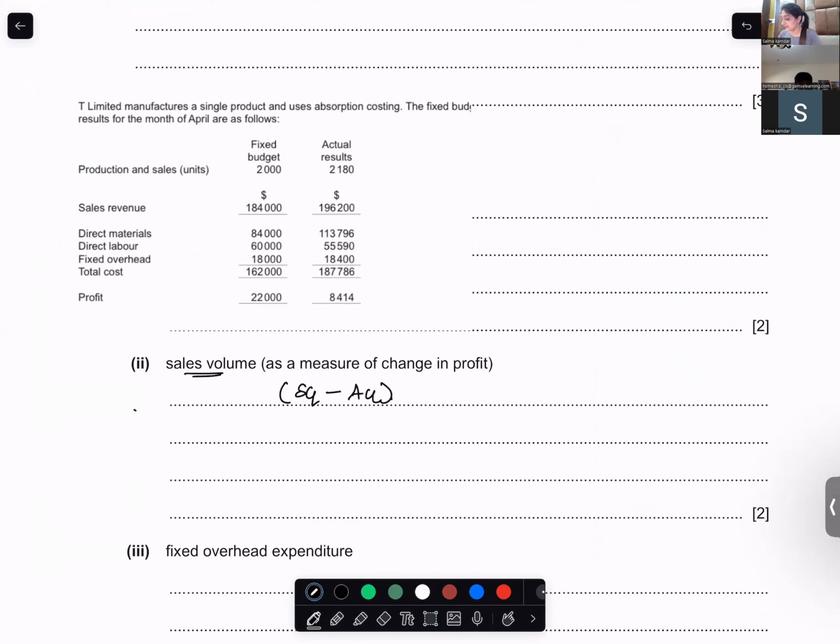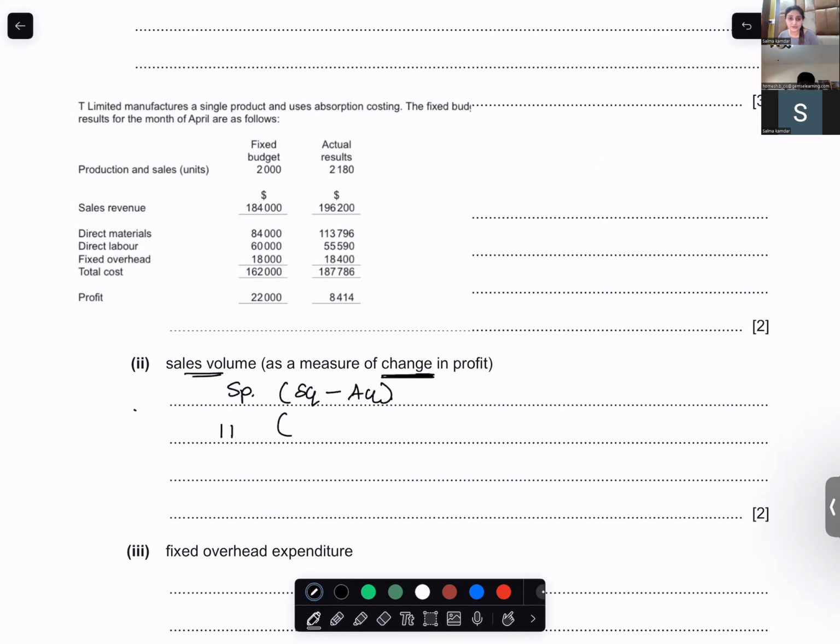But now they want it as a measure of change in profit, so into what? Profit per unit, standard profit. What is the profit per unit? Standard profit, 22,000 divided by 2,000. That'll give me 11. So standard profit is 11.